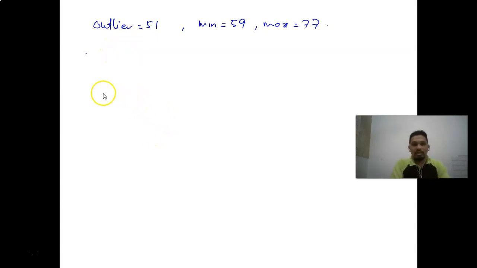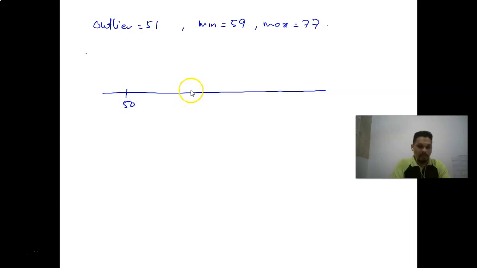Okay, so if I sketch this, if I use a scale of 50, 60, 70, and 80, the lower inner fence is 55. Okay, lower inner fence, and 51 is somewhere around here.